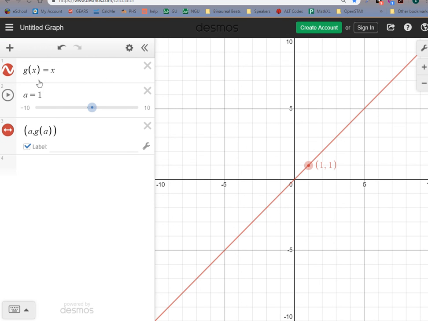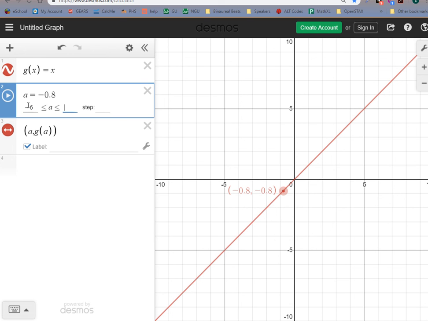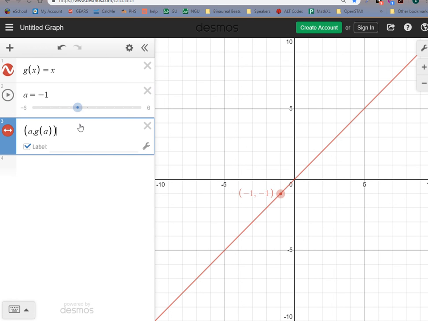I defined g of x as x. If I just drag in different values of a, let's make them simple ones though, let's just go negative 6 to 6 by 1s. As I drag in different values, it's going to move the point. There's the point 0, 0, right? Everybody agree?